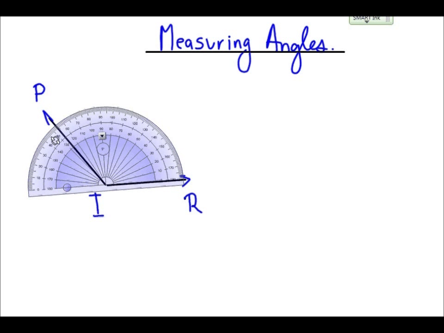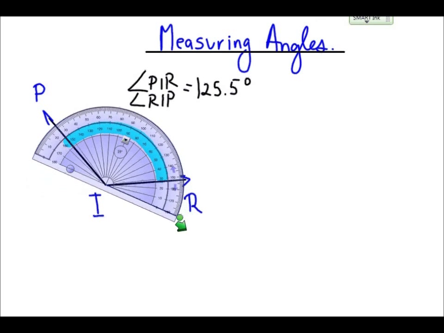Now, because I'm using the 0 on the right-hand side, I have to count from that 0 around the protractor counterclockwise. When I do this, I end up finding out that angle PIR, or angle RIP, happens to be worth 125.5 degrees. It's kind of in the middle between some degree marks.